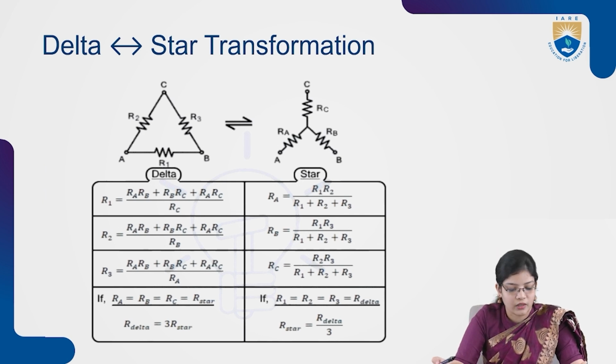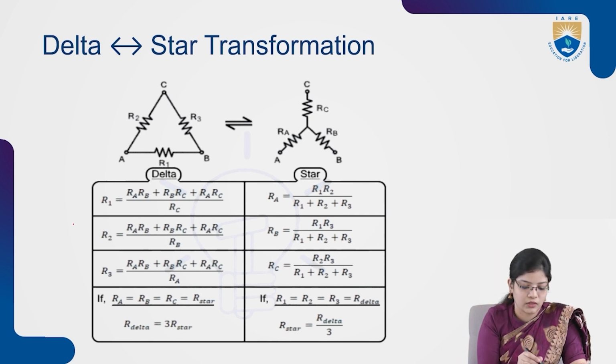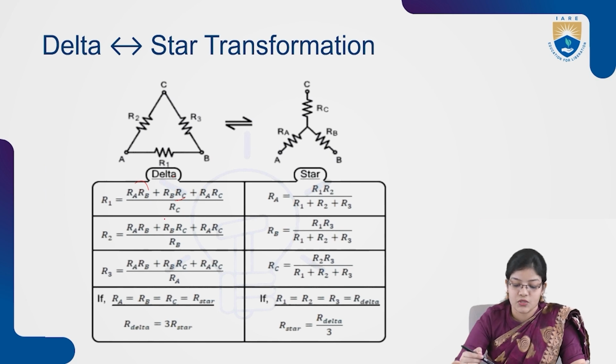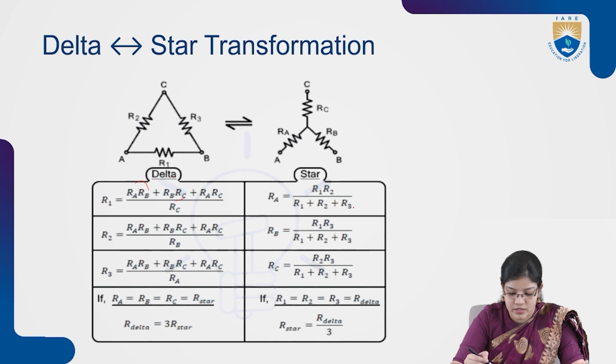If the star network is converted into a delta network, first we multiply all the resistances and divide by the opposite resistance. Here also we multiply and then add all the resistances. By using these formulas, we are going to solve the networks.